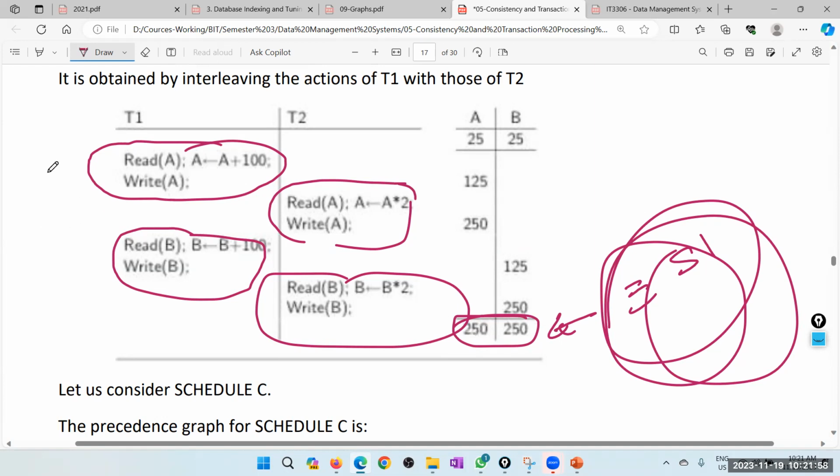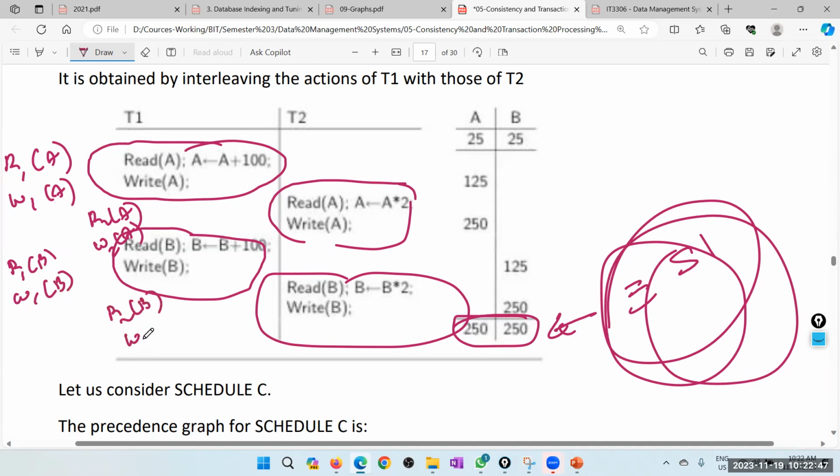Now, if I draw the read-write notation, this is read 1A, write 1A, then read 2A, write 2A, then read 1B, write 1B, read 2B, write 2B.